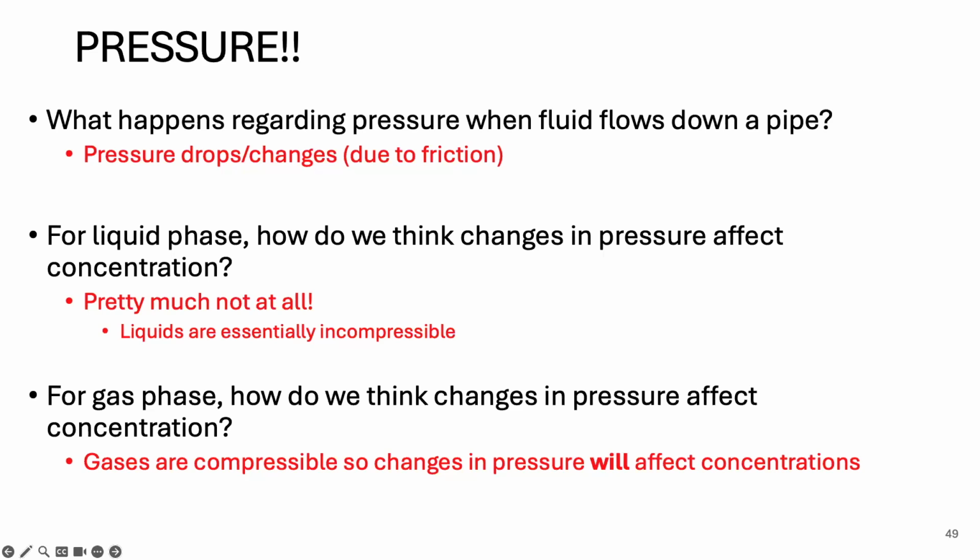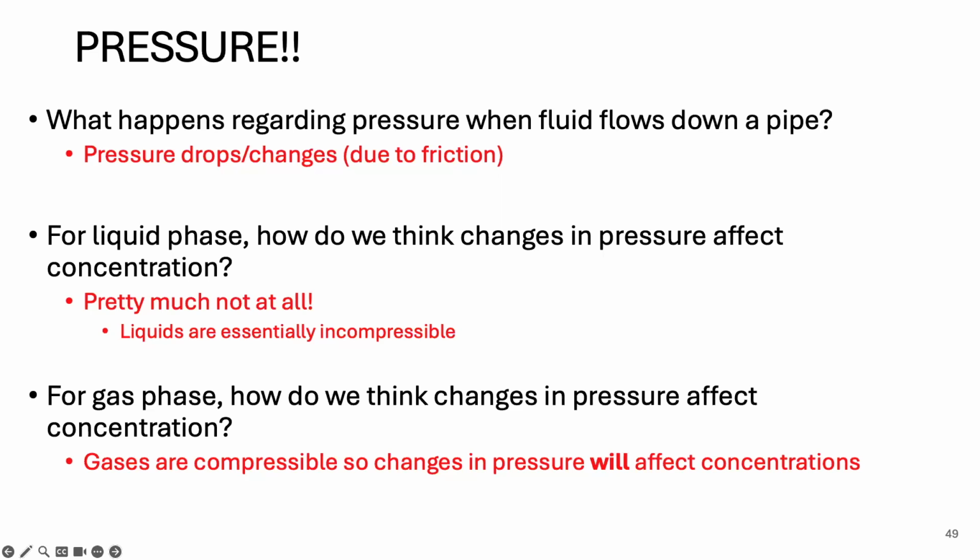So first of all, why would pressure change? Well, as a fluid travels down a pipe, we can have friction between the fluid and the surface of the pipe, and this can cause a pressure drop.